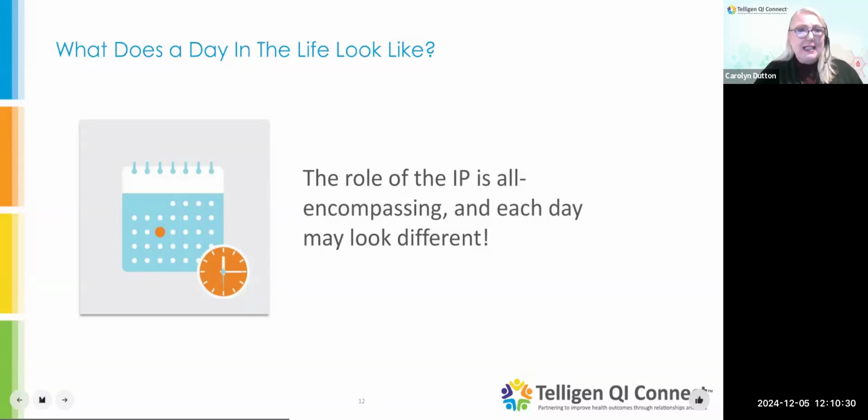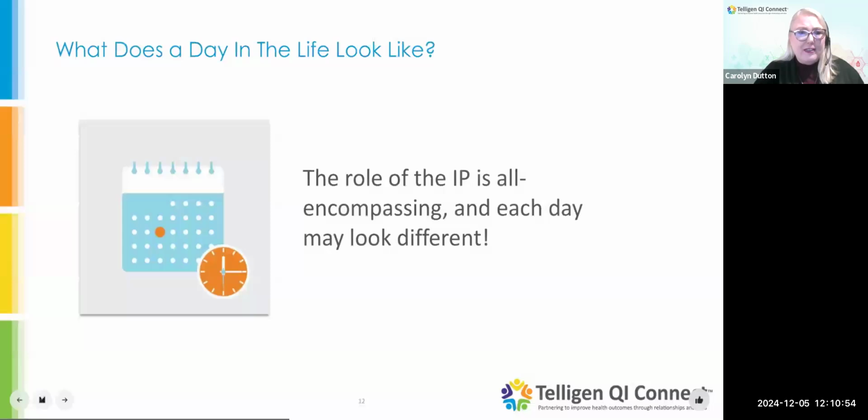What are some great ideas, and what does your day look like in the facility? How do you organize yourself? Like I said, this is going to be different for everyone depending on your organization, depending on maybe other roles and duties that you have. But this is just going to give you an idea of what you should have, and that's why that IP orientation checklist is a really good thing to have and check out that Kara mentioned earlier.